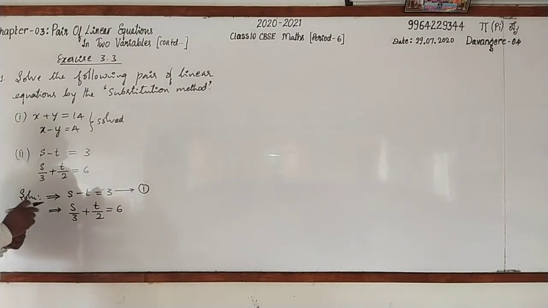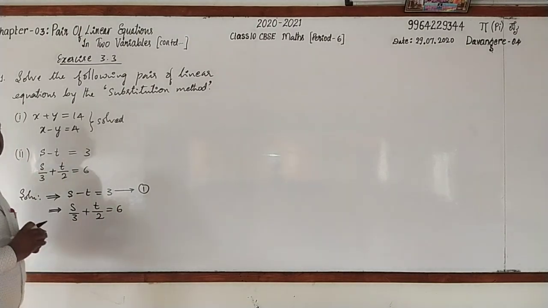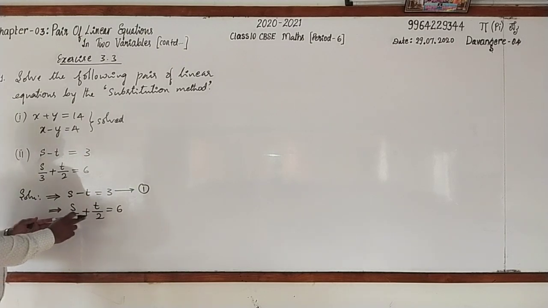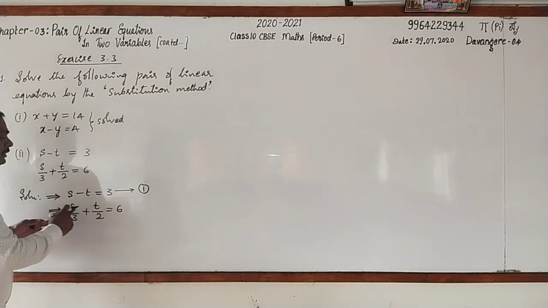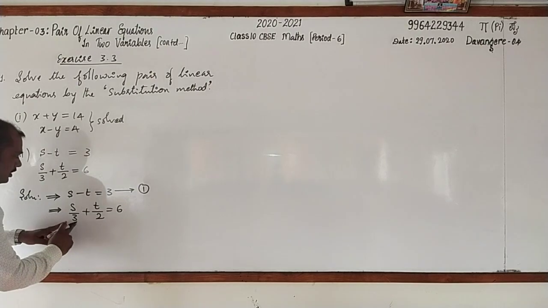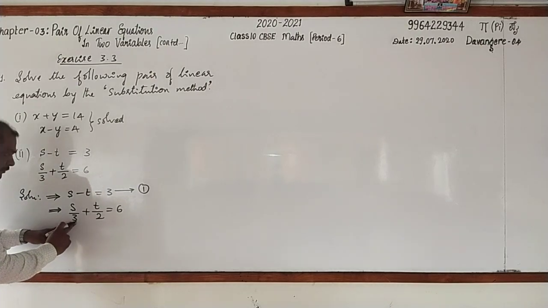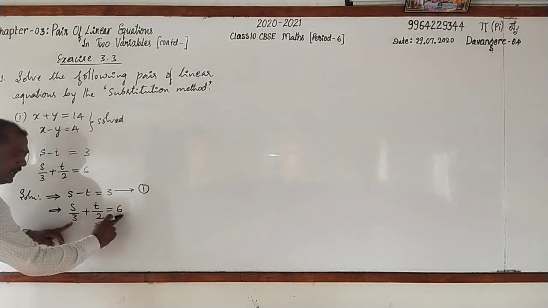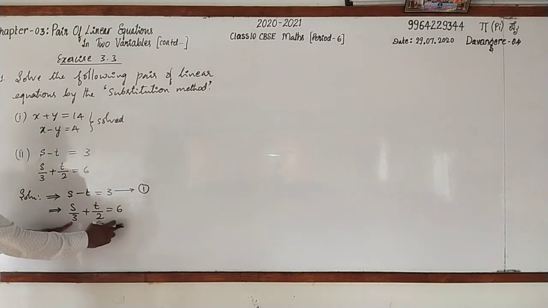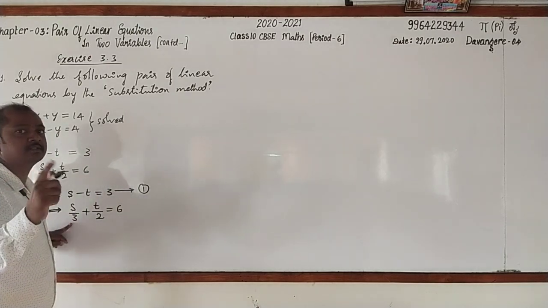Here the terms are in fractions. Hence, we need to take the LCM of the denominators, and that should be multiplied with all the terms. In the denominators, we have 3, 2 and 1. What is their LCM? Yes, you are right. It is 6.